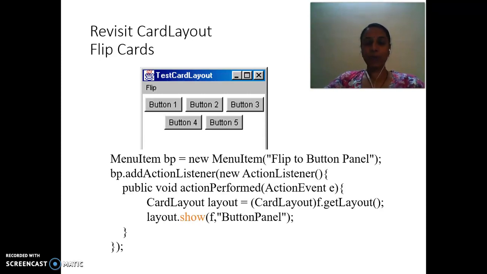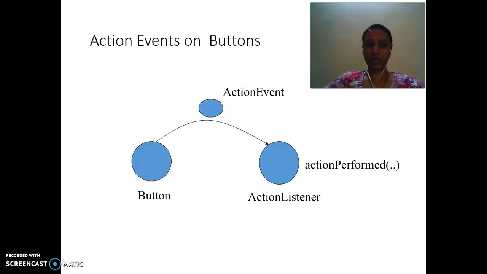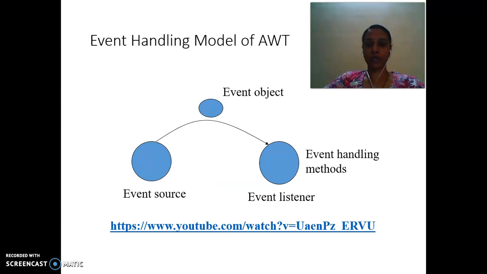Now let's focus on what we mean by this. What is the event object here? In this case, the object is a button. The button is an event object where the user is going to click. That is the action the user is going to perform.